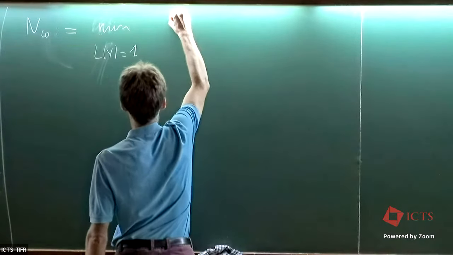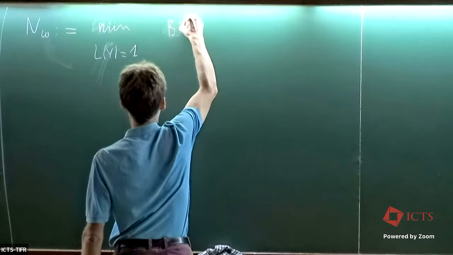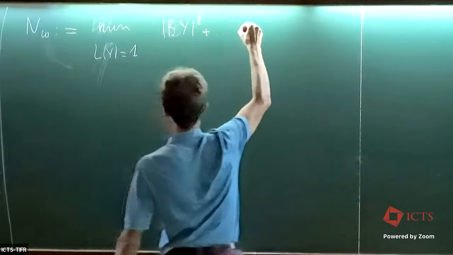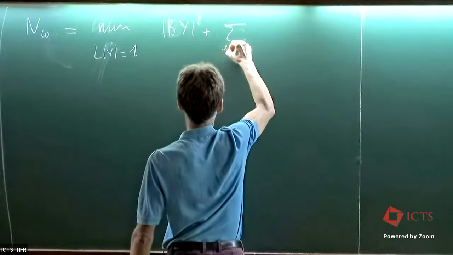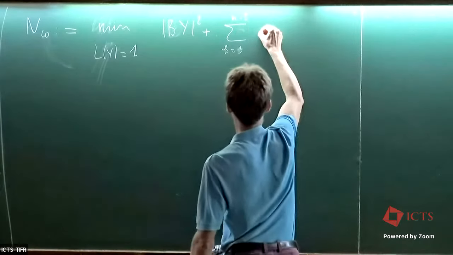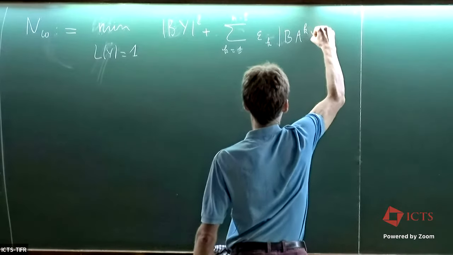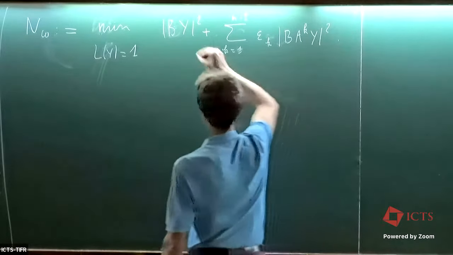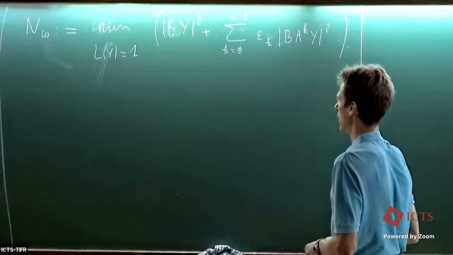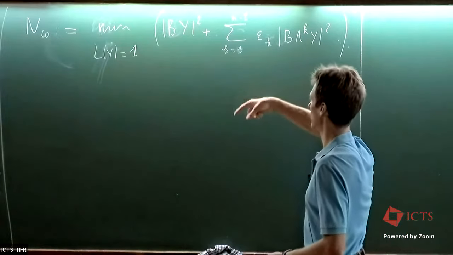So, b y square plus sum k equal 1 to n minus 1 epsilon k b a k y square. Okay, so here you have a compact set. So this is indeed a minimum.